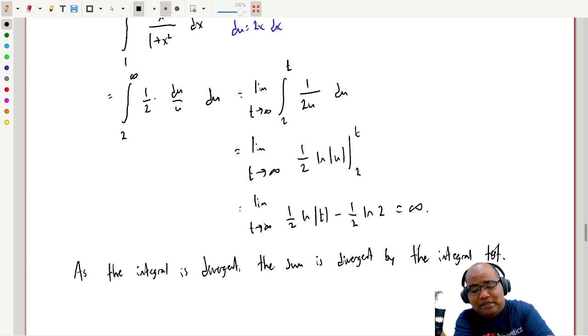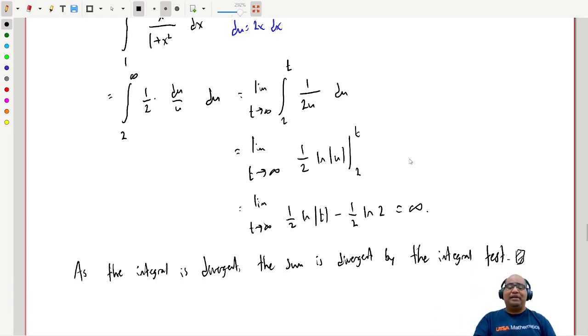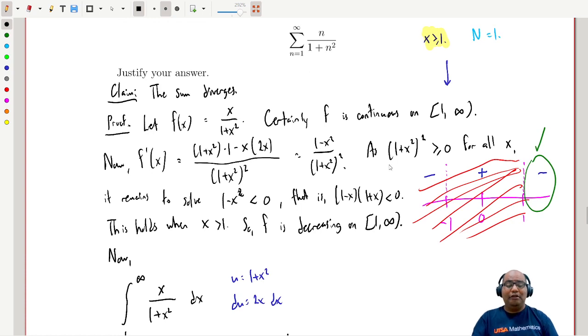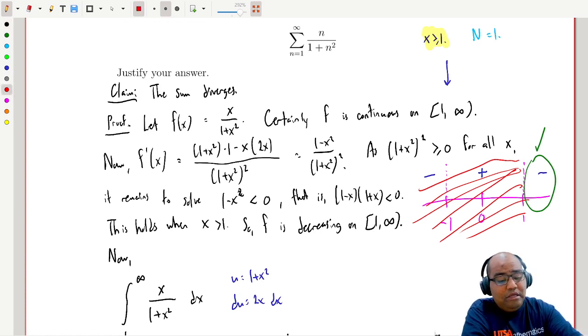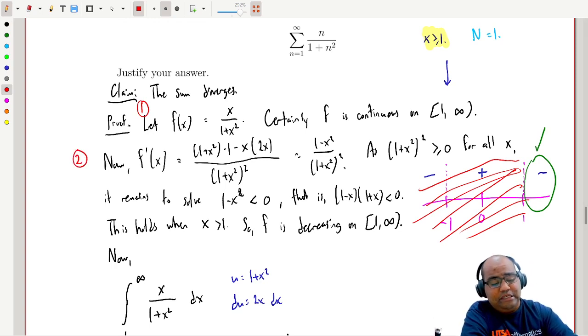Let's go ahead and fix that. So what do we have to do here? Let's go ahead and recap. Integral test. Step 1 was to choose your function. Step 2 is to show that it's decreasing.